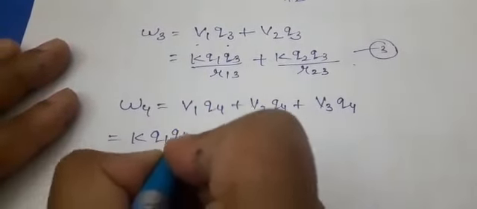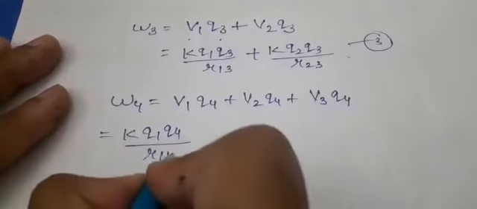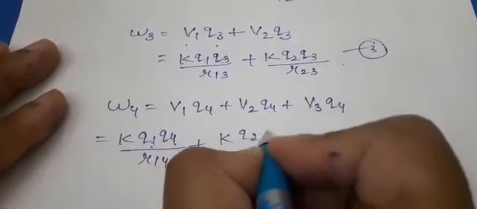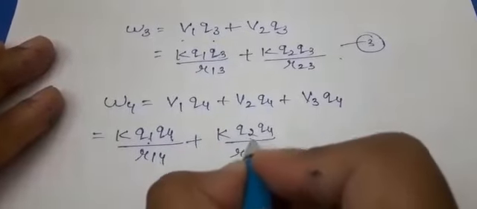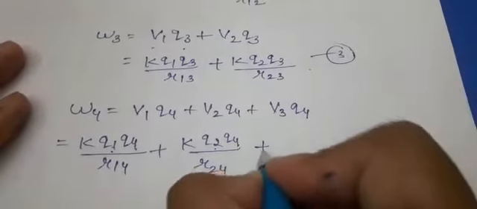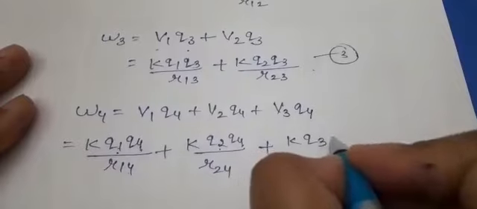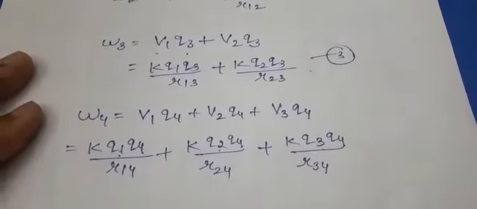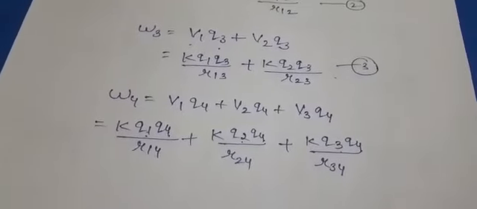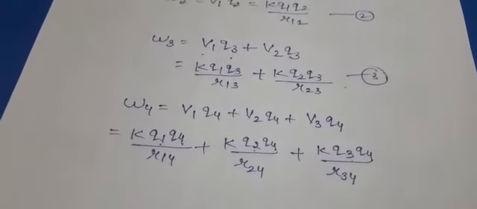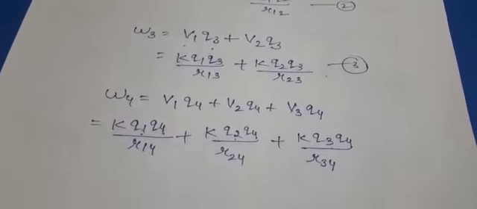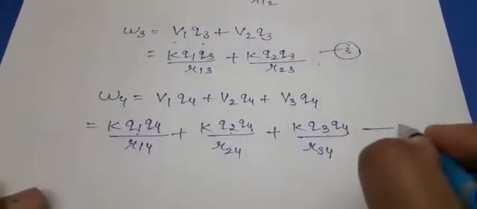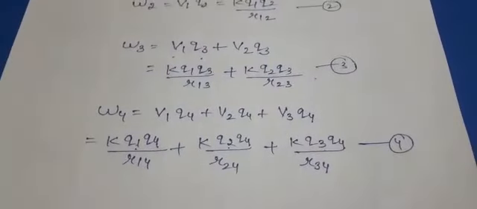K Q1 Q4 by the separation distance R14, you can just relate from here, plus K Q2 Q4 upon R24 plus K Q3 Q4 upon R34. Here we need to write suffixes because we cannot simply take the separation distance as the same, as they are at different positions. That's why we are using suffixes here. So this is for 4 charges.